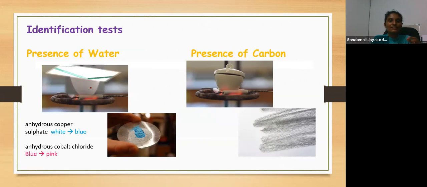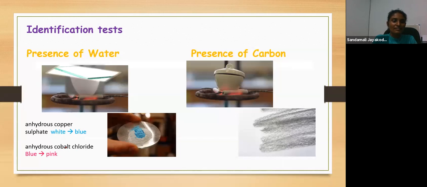Then we will get a few droplets of a particular liquid on the inner side of the glass sheet. Then we can test those small droplets with anhydrous copper sulfate or anhydrous cobalt chloride. Anhydrous copper sulfate is just a white powder. It will turn blue once we put that powder onto those small liquid droplets.